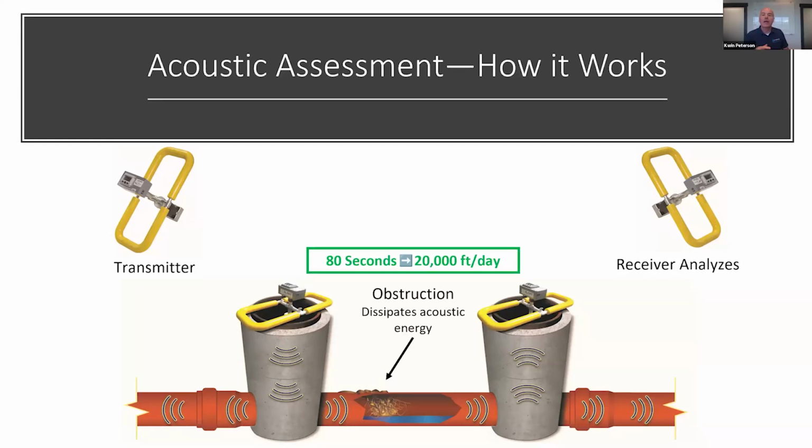Now, a couple of important points about this. This test takes about 80 seconds, which means we can do about 20,000 feet a day. We're shooting for 80,000 to 100,000 feet of pipe a week. Those of you who've been on a jetter or on a camera truck know that that's about 10 times more than we're able to assess with those technologies.